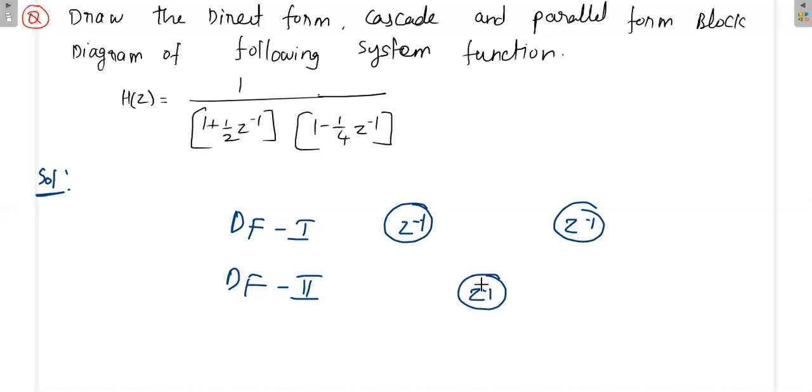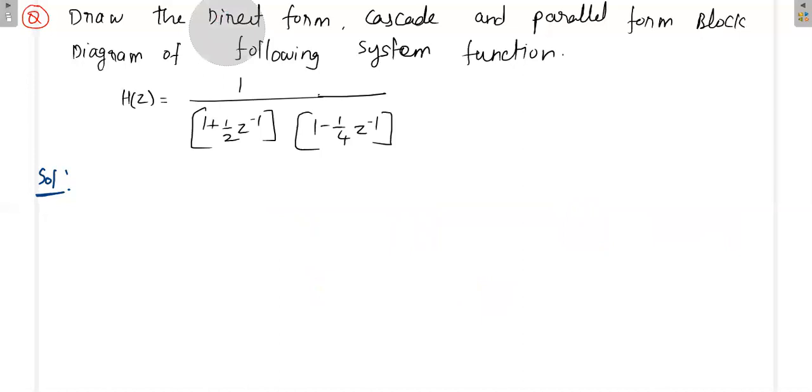In the case of a continuous time system, it was an integrator, where we'll be using 1 by s, both on input and output side. Whereas for direct form 2, we'll be using a common integrator for both input and output. Now we'll be using only the direct form 1 structure.